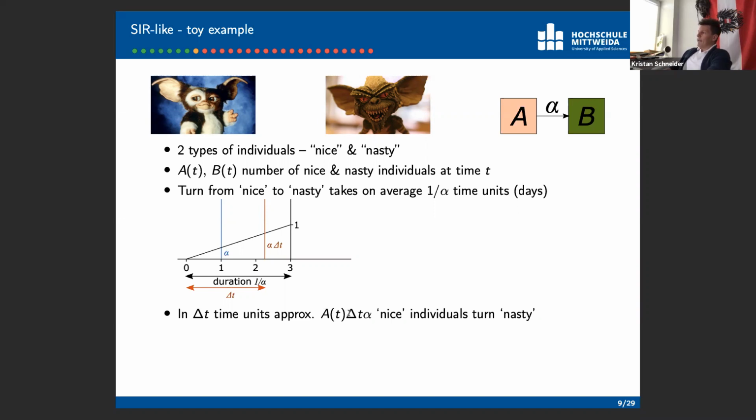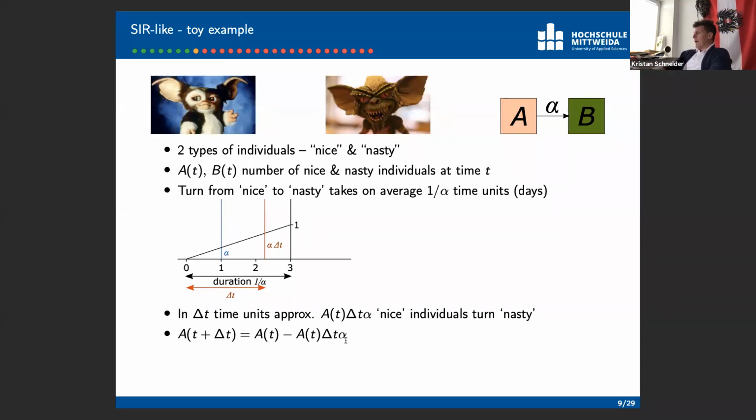That is delta t times alpha is the part of one individual, so to speak, but we have at time t capital A of t individuals. So that is the number of individuals that went from nice to nasty. We can write it down in an equation. The number of nice individuals at time t plus delta t is essentially the number of individuals that we had at time t minus those that turned nasty, which is A of t times delta t times alpha.